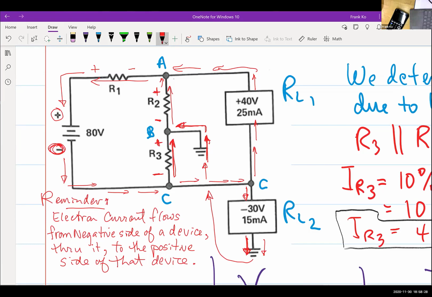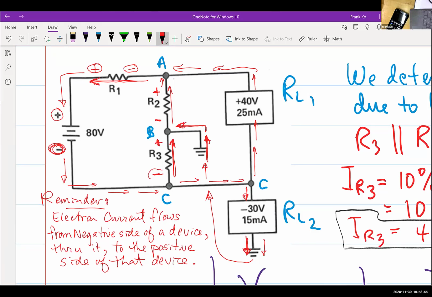Take a look at R1. We said that the current returns to the source going to the left, yes? Does it in fact flow from the negative side of R1 through it to end up coming out the positive side of R1? Okay. Take a look at R3. R3 is negative on the bottom. Why? Because it is physically attached to the negative side of the voltage source, yes?